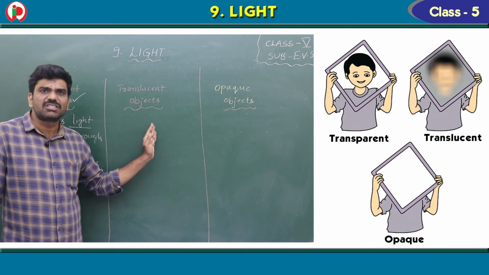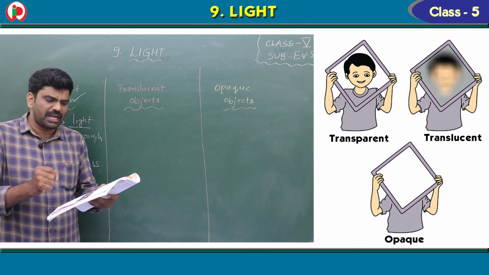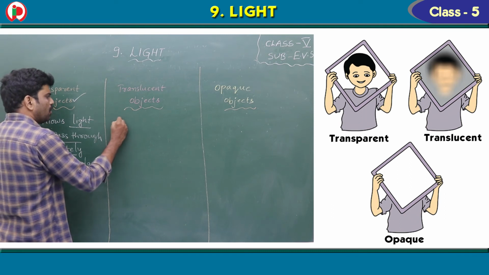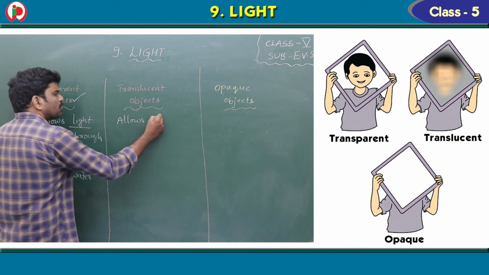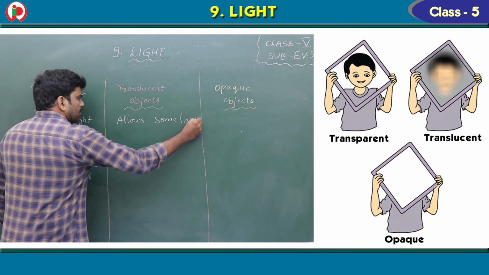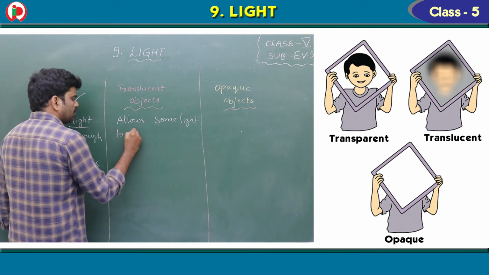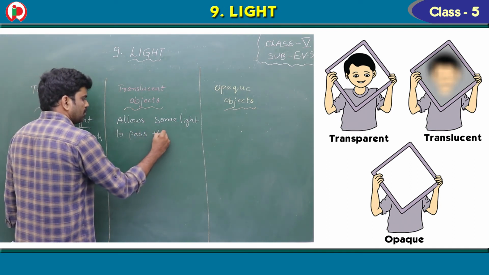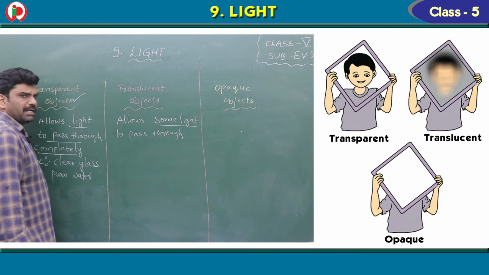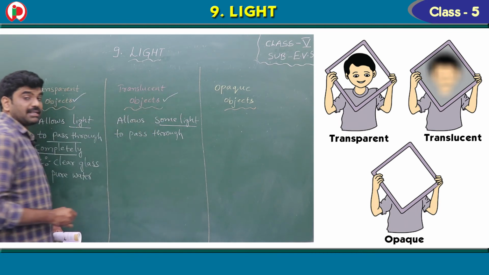Second one is translucent. An object that allows only some light to pass through is known as translucent.